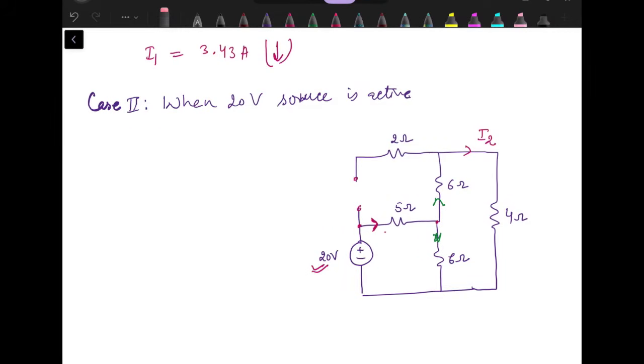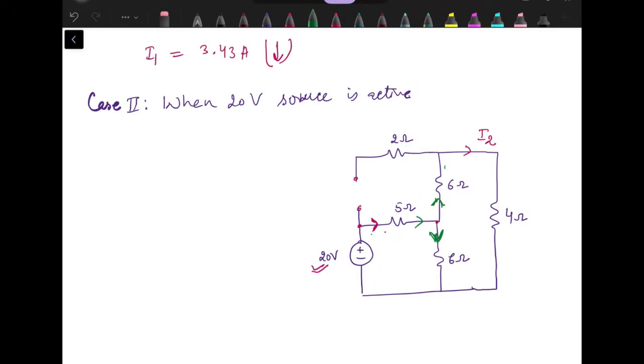I think now it will be more clear. The current supplied by this 20-volt source will get divided into two parts. One will be across a series combination of 6 and 4, and the second is the branch having a 6 ohm resistance.